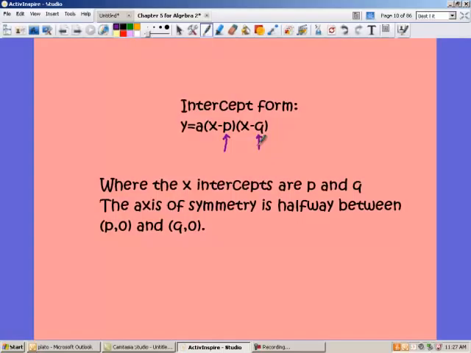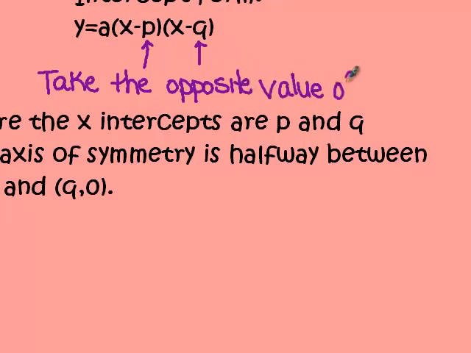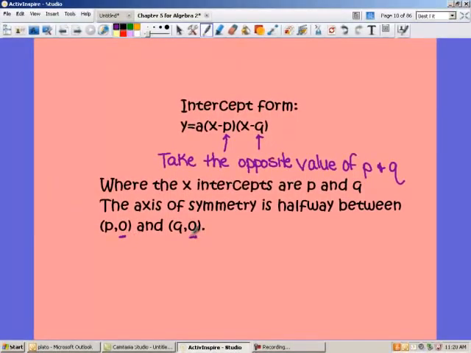And because, again, they have to follow the x minus P, x minus Q, we're going to have the little shortcut rule that says take the opposite value of P and Q. Okay? So these are the intercepts, and because they are intercepts, they will have a 0 as their y coordinate.